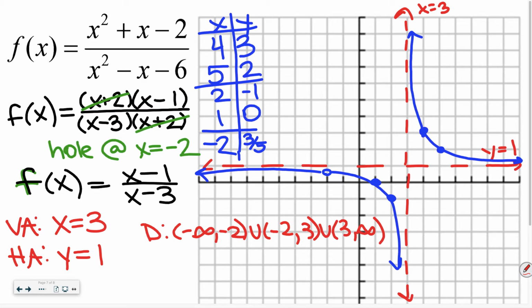Same thing for the range. For our range, we have to exclude the hole at 3/5, and we have to exclude our asymptote at 1. The hole and asymptote both have to be excluded from domain and range because there aren't any values there.